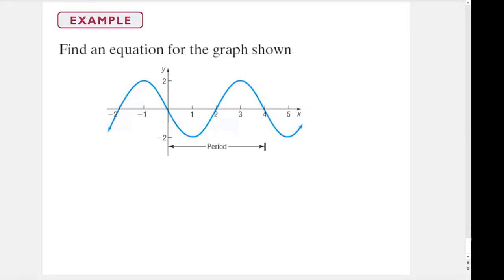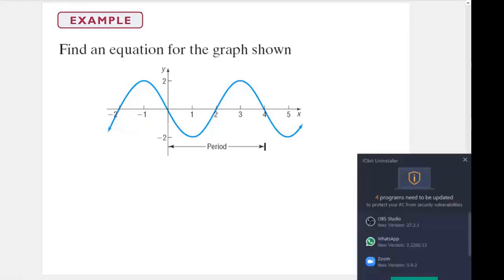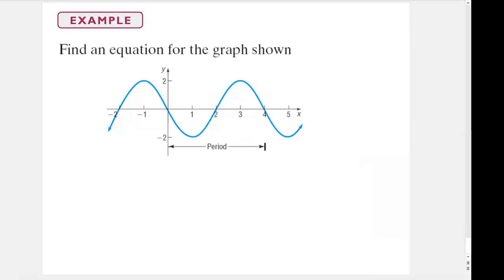Again, let's start. The first thing I want to do is decide, is this a sine or a cosine graph? Find an equation for this graph. Do you think this would be better as a sine or a cosine graph? From what I remember, you were saying that if it doesn't start at 0, it's cosine.